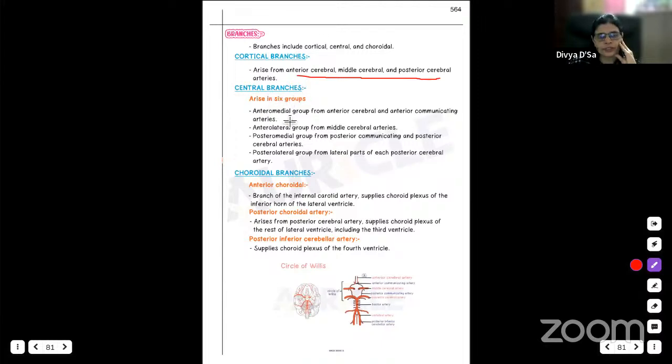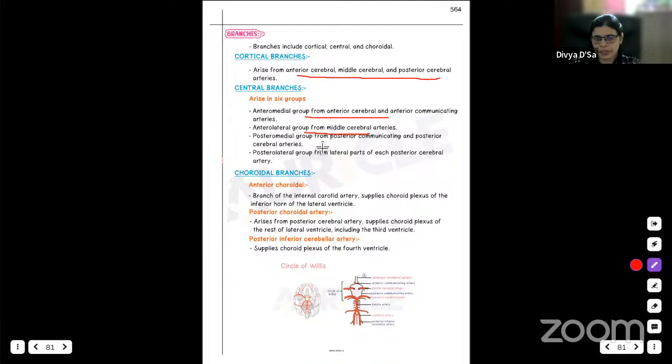So central branches arise in 6 groups. Okay, so we have the anteromedial group from the anterior cerebral and anterior communicating arteries. Anterolateral group is coming from middle cerebral. Okay, anterolateral group is from middle cerebral.